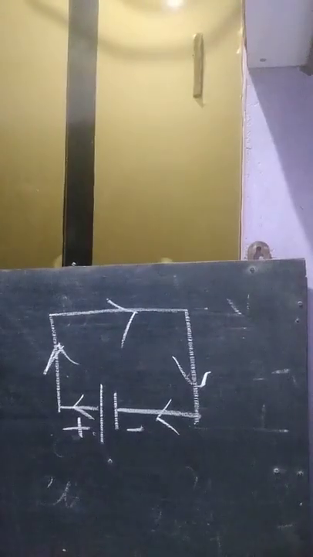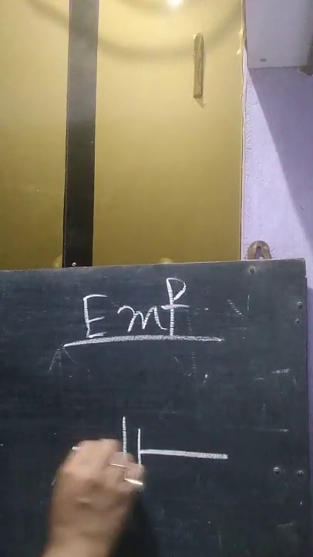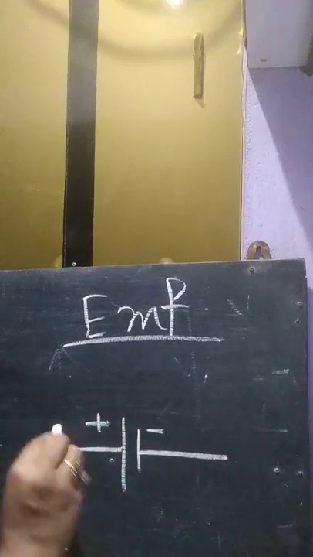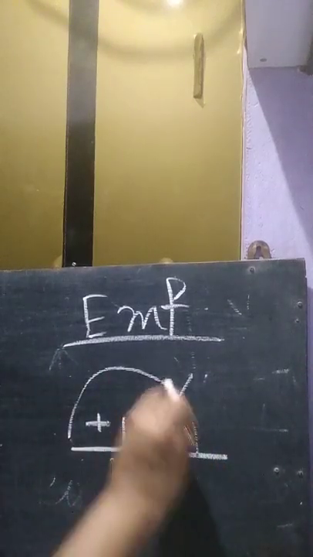Next is EMF, electromotive force. Let's discuss this part. What is EMF? EMF is defined as the potential difference between electrodes when there is no current in the cell. Suppose this is the circuit, plus and minus, and this plus is not connected with this negative part.